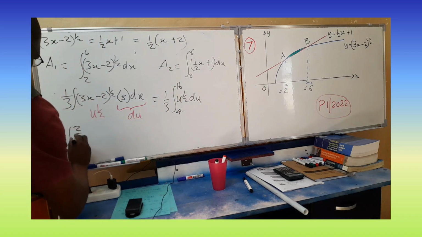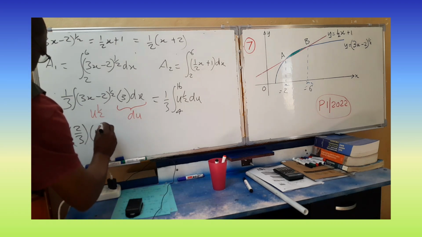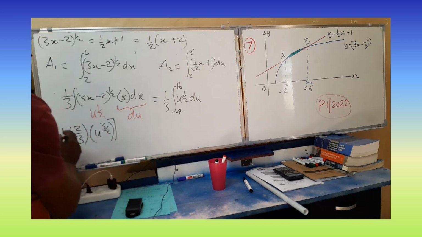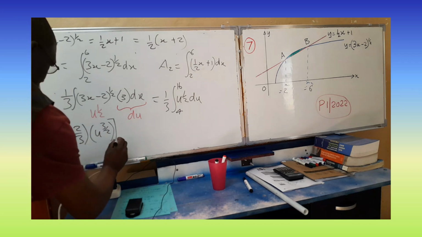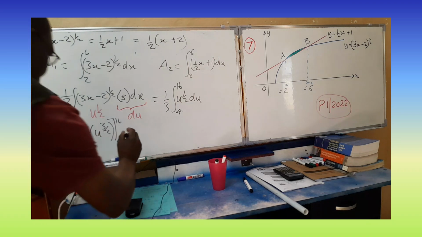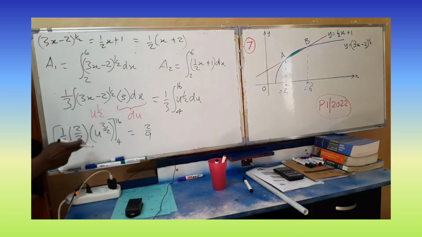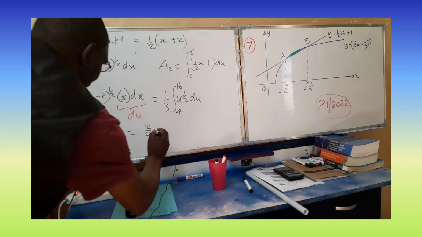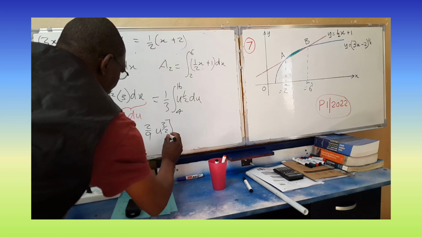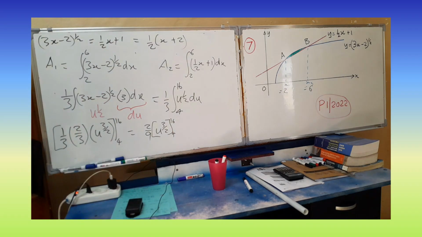So 2/3 here, multiplied by u to the power 3/2, integrated from 4 to 16. So we can say this is equal to 2/9, 3 times 3 there, u to the power 3/2, from 4 to 16. Let's evaluate.